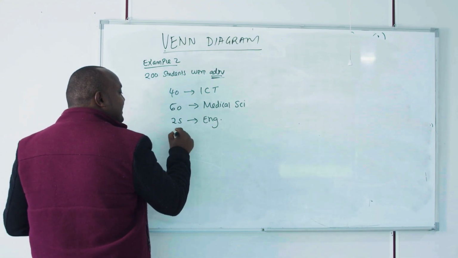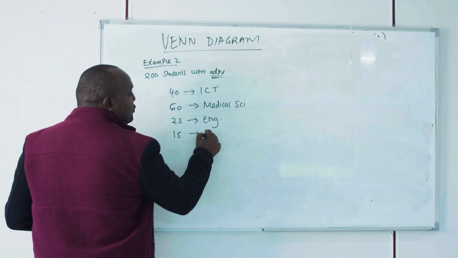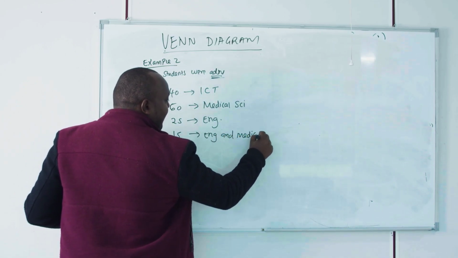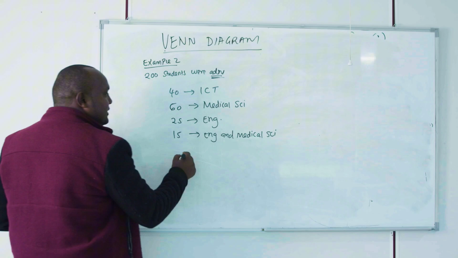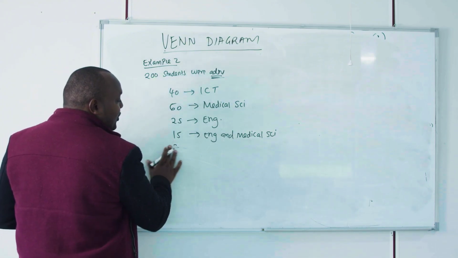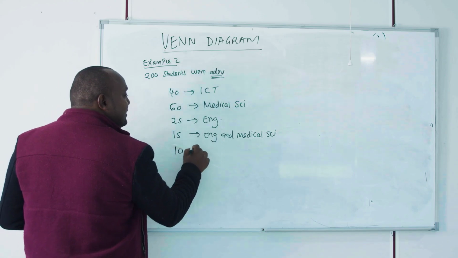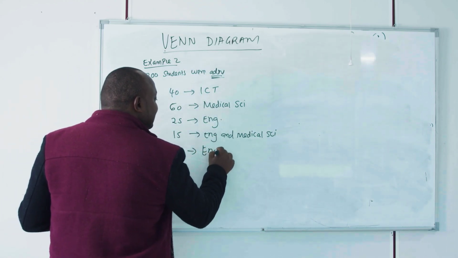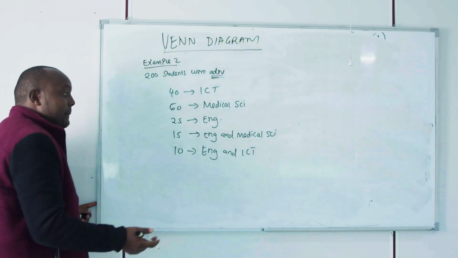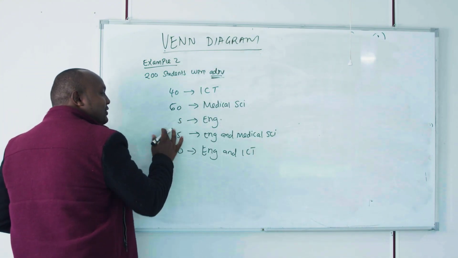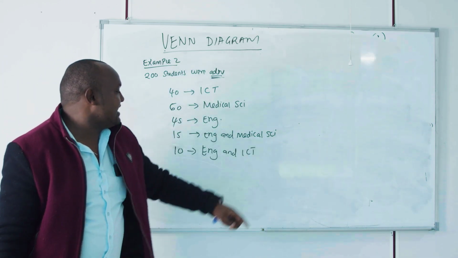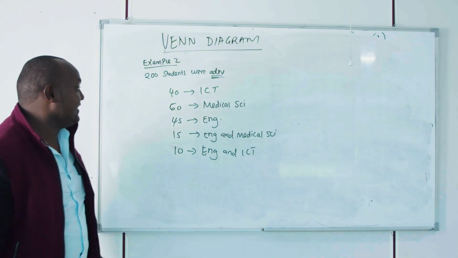Then you find that 15 chose to do engineering and medical, or 10 chose to do engineering and ICT. Maybe I could have made this one 45. 45 chose engineering. 15 chose engineering and medical science. 10 chose engineering and ICT.